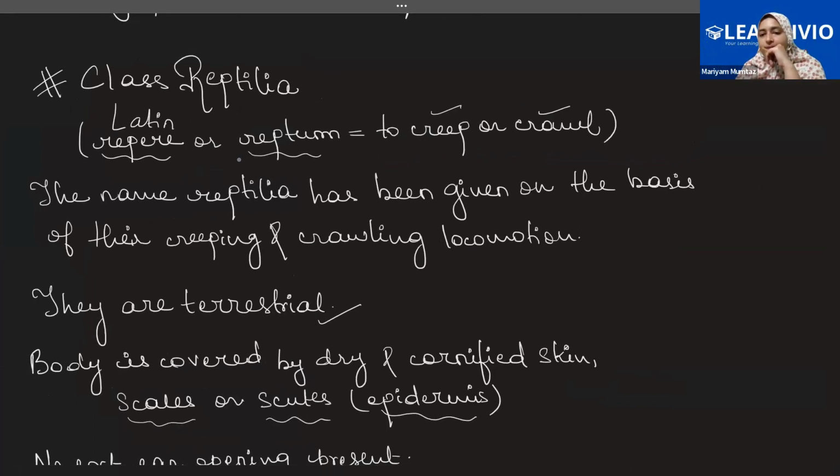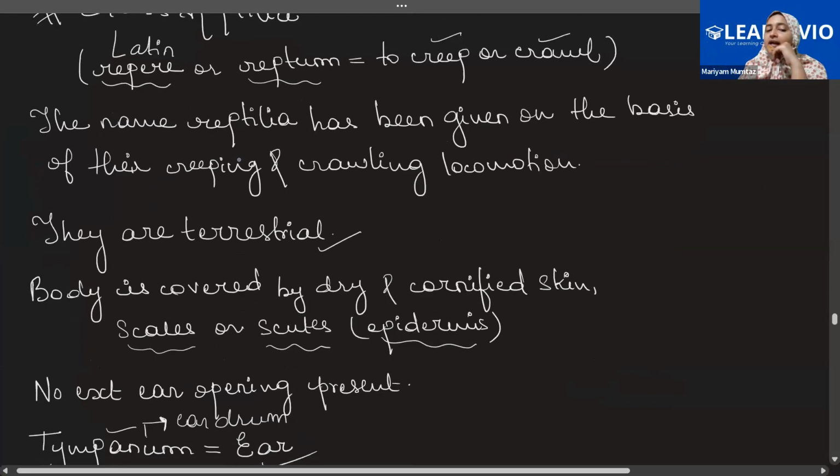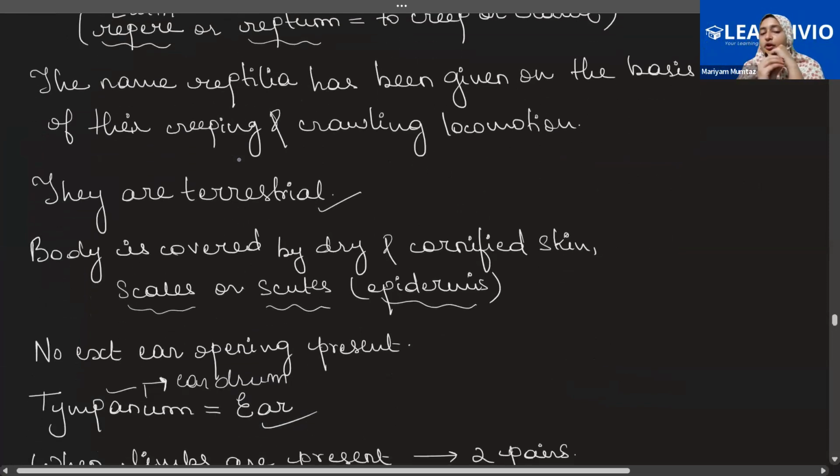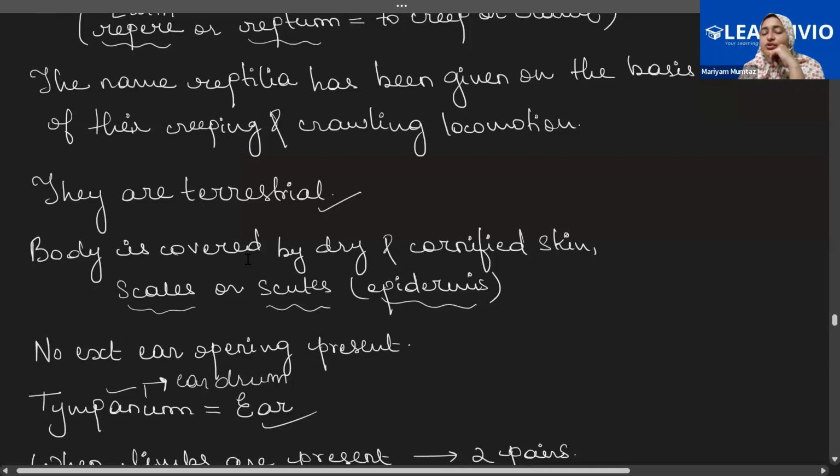The name has been given on the basis of their creeping and crawling locomotion. They are purely terrestrial and they don't have moist body surface. Their body is dry and cornified. Scales and scutes are present on the skin surface, on the epidermis.